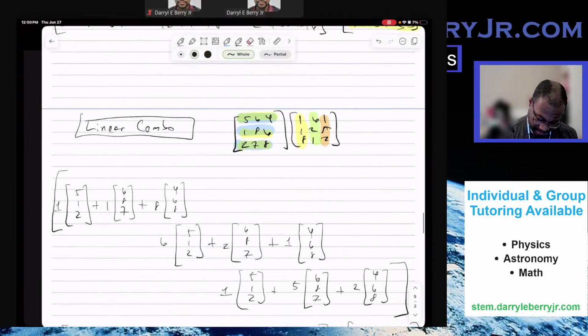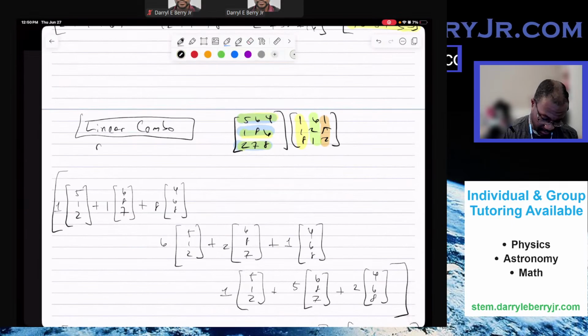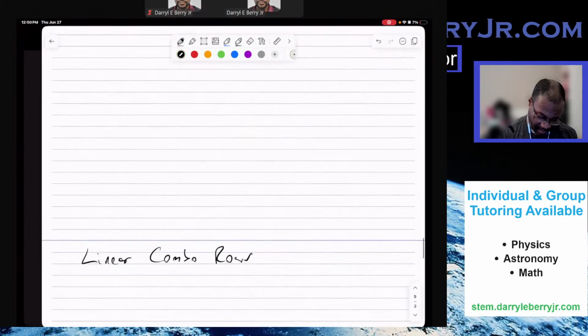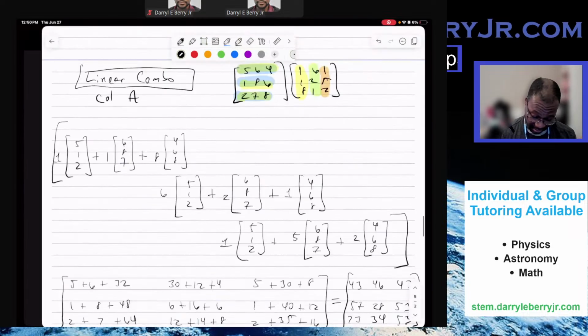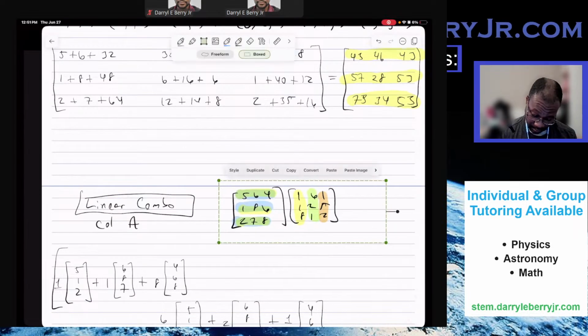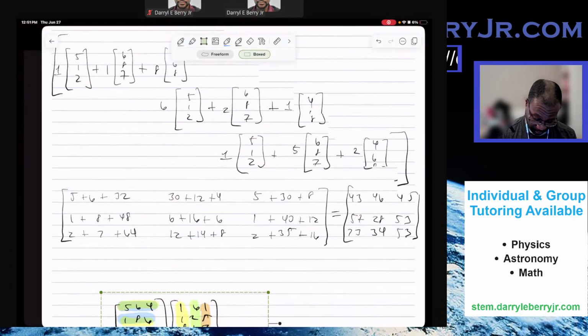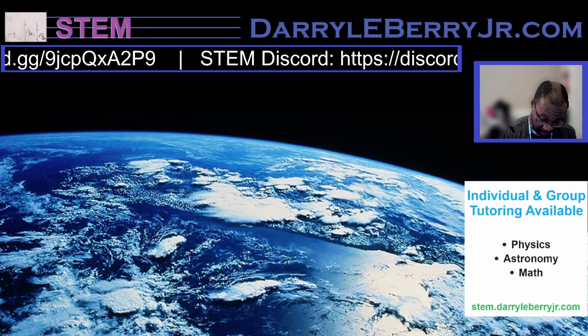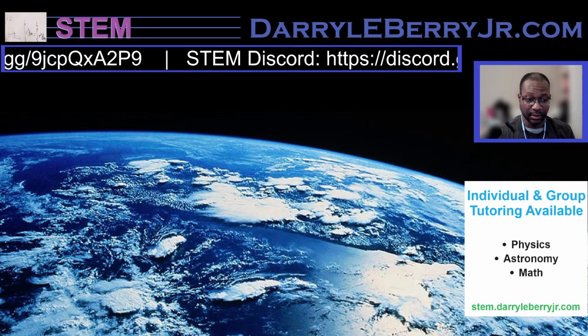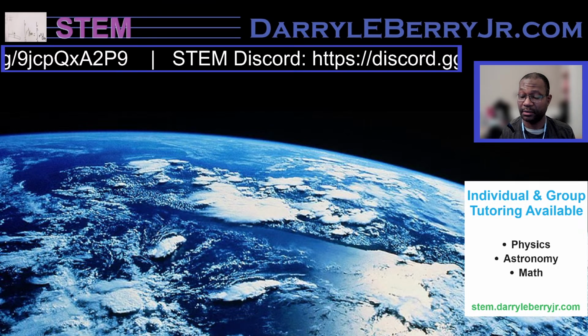So this is linear combination of columns, columns of A. And we could do a linear combination of rows of B. All right, see if I can remember this one. Linear, oh, okay, I see. So it'll be 5, 1, 6, 6, 1. Oh, hold up. Let me fix my share.